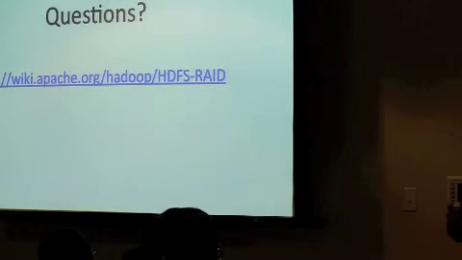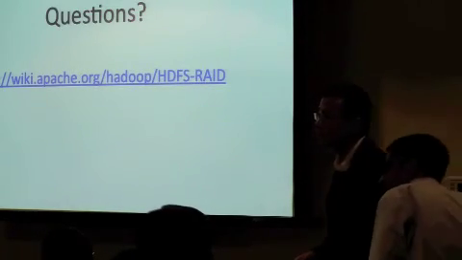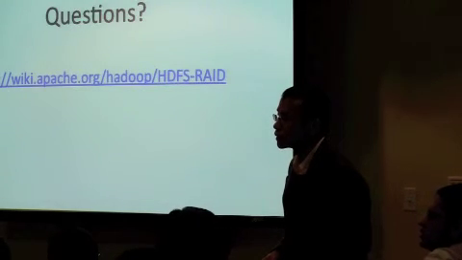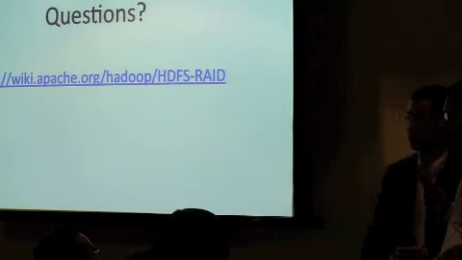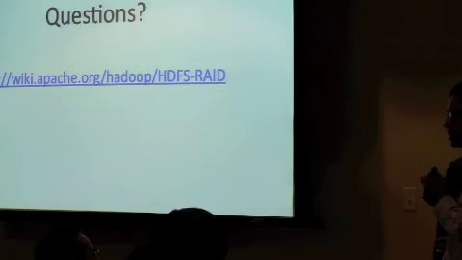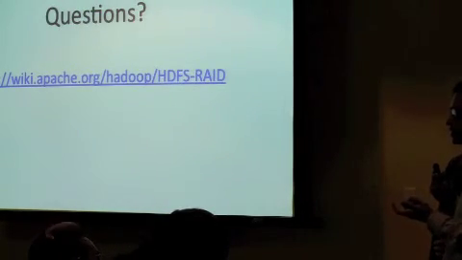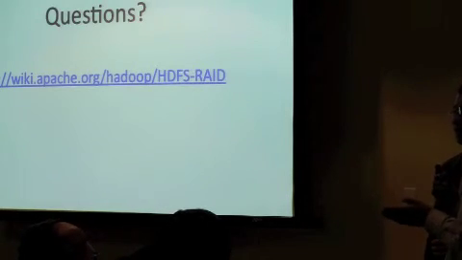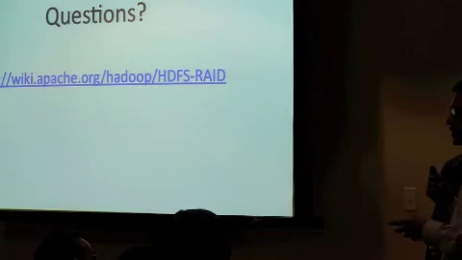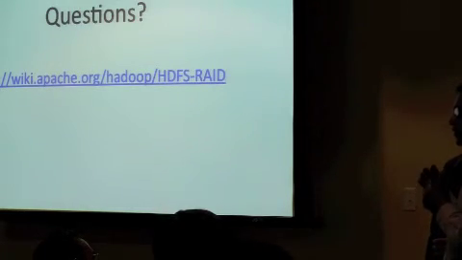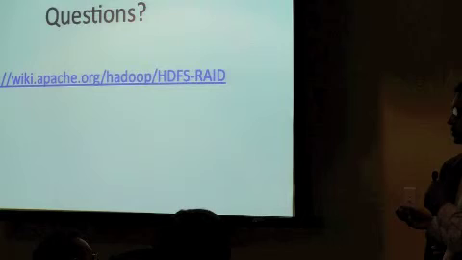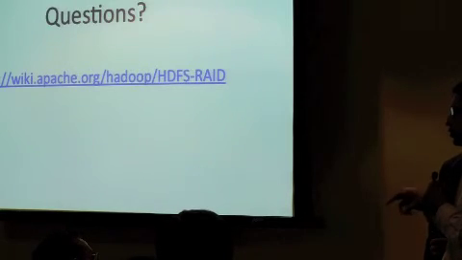Okay, I think I misunderstood the question. You're talking about the client file system that fixes it. It's called the distributed RAID file system, a layer on top of the distributed file system. To fix a block there, it reads the relevant blocks and computes the block on HDFS.